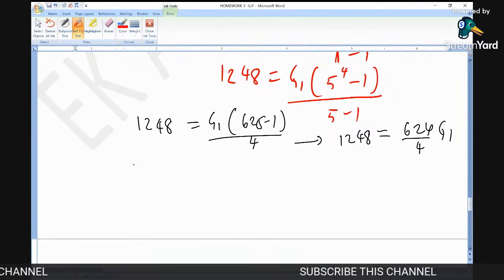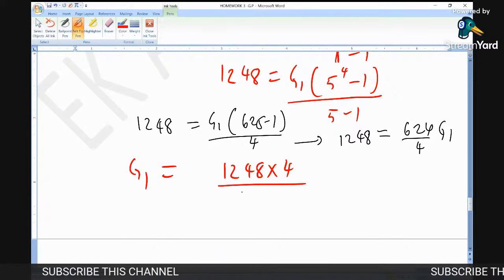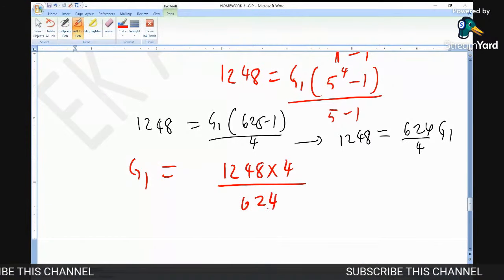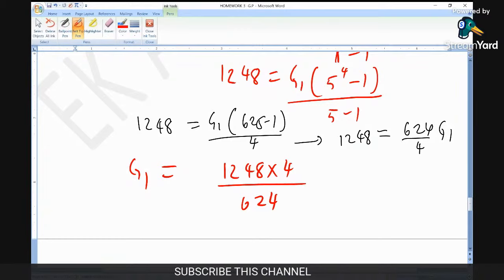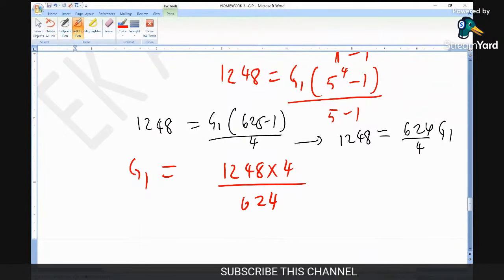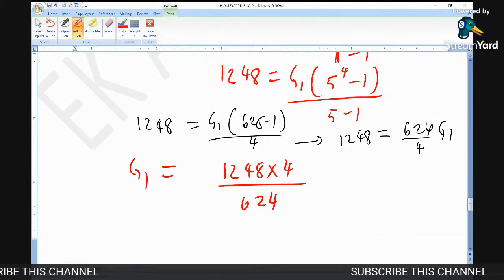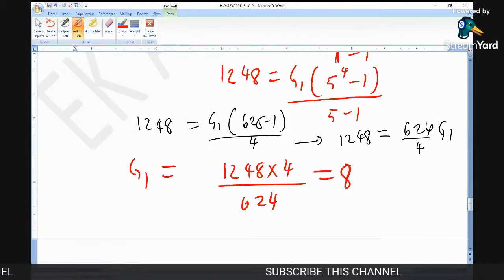We are going to get G1 equals 1248 times 4 divided by 624. Taking 1248 multiplied by 4 divided by 624, the result is going to be 8.